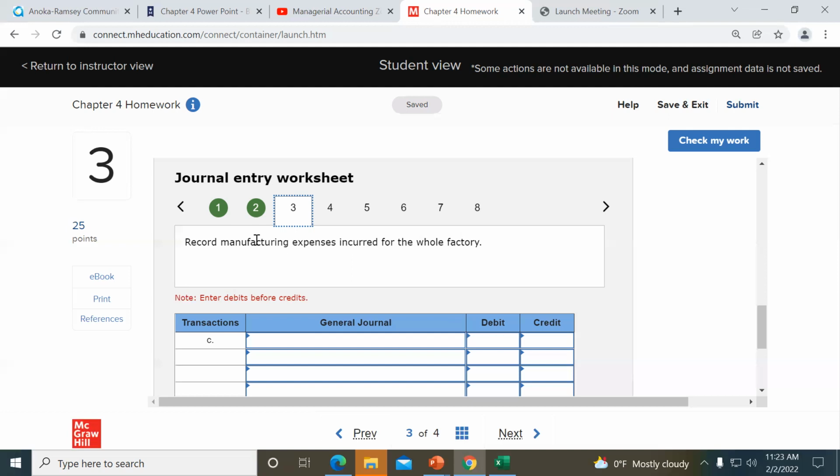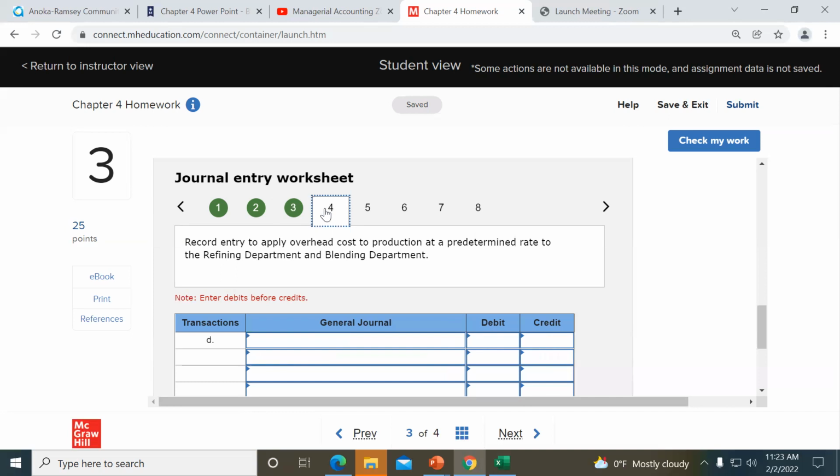So we will debit manufacturing overhead, credit accounts payable. Okay.